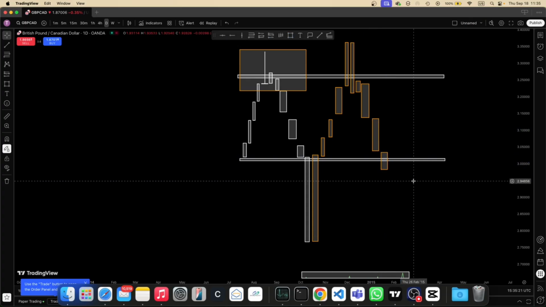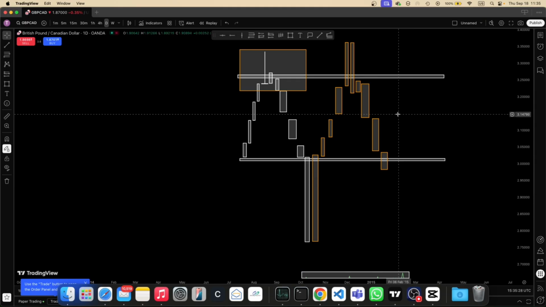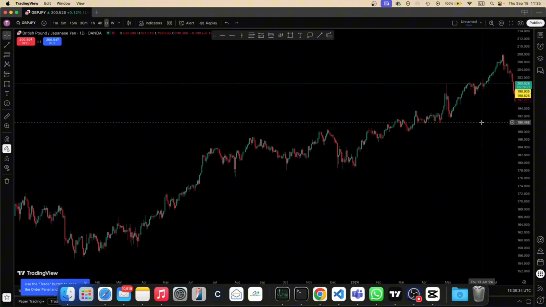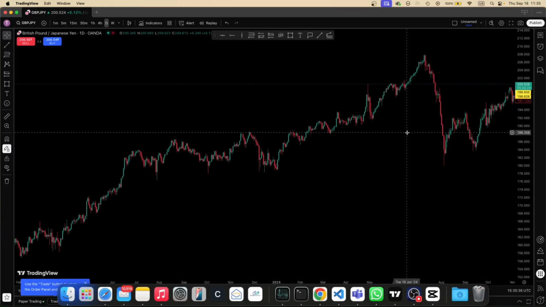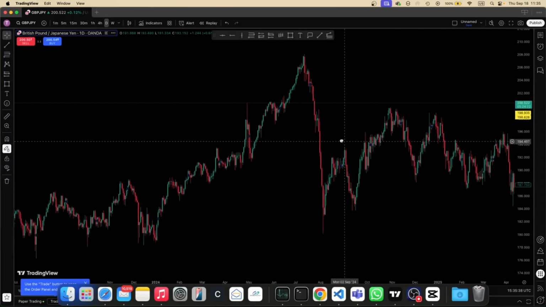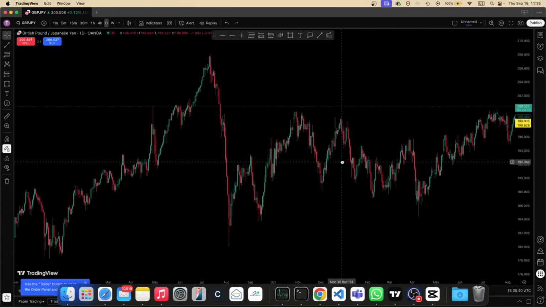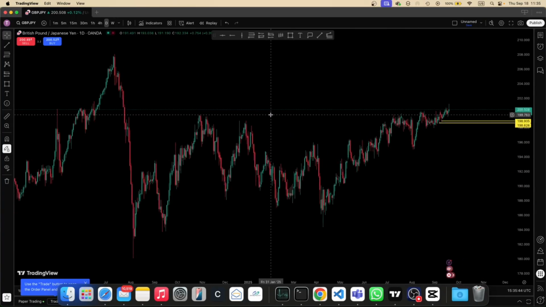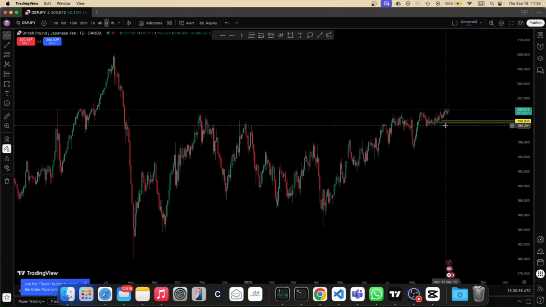So whatever I say, don't take it blindly. Go and do your own proper back testing. Look at different kinds of charts and see how those support and resistance work, and then you will get an idea of, okay, maybe for GBP JPY, when the price reaches to the resistance, you need to wait a long time before you can take your entry.